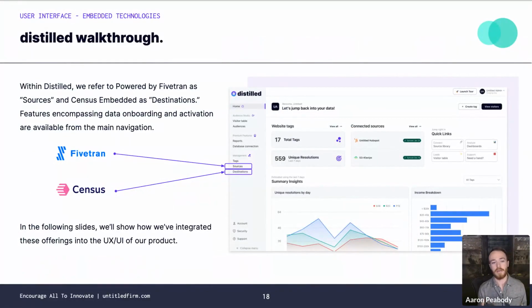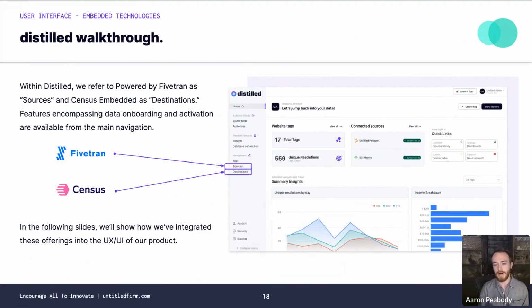So just a little bit of walkthrough of what this looks like, because I think a lot of people that are interested in signing up for solutions like PBF and Census want to know what an example of this actually looks like in someone else's product. And so for us, logging into Distilled, down on the data management side, you have sources and destinations.